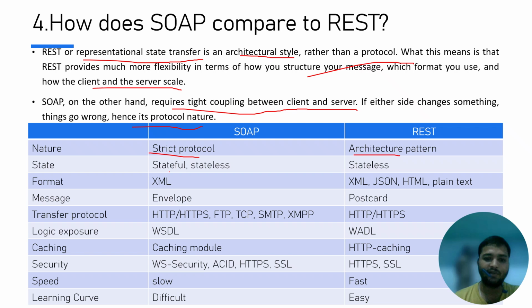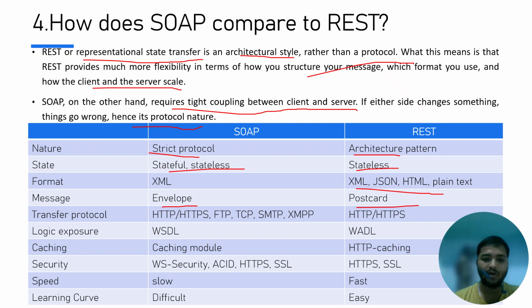SOAP is stateful and stateless. REST is stateless. For SOAP the format is XML, and for REST the format is XML, JSON, HTML, and plain text. SOAP message is an envelope, and REST message is a postcard.